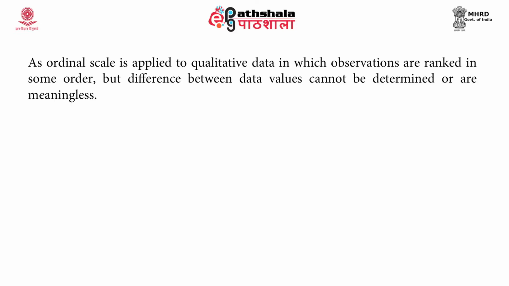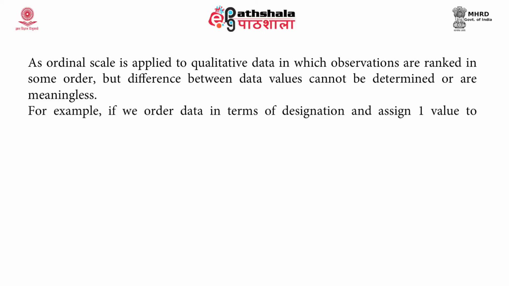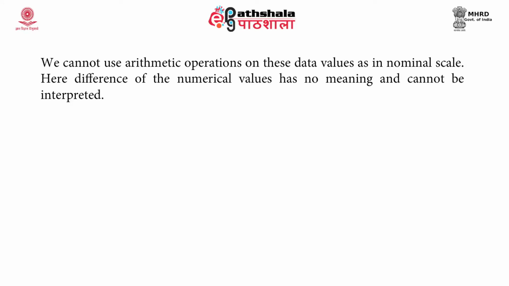As ordinal scale is applied to qualitative data in which observations are ranked in some order, but difference between data values cannot be determined or are meaningless. For example, if we order data in terms of designation and assign one value to manager, two value to assistant manager, we cannot use arithmetic operations on this data value as in nominal scale.